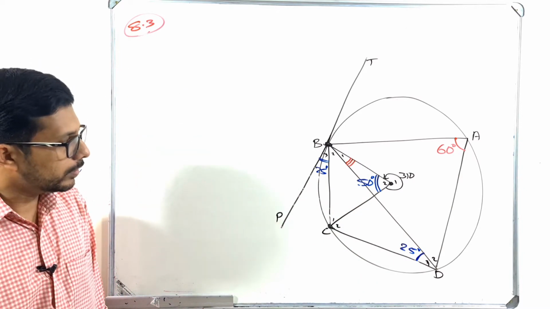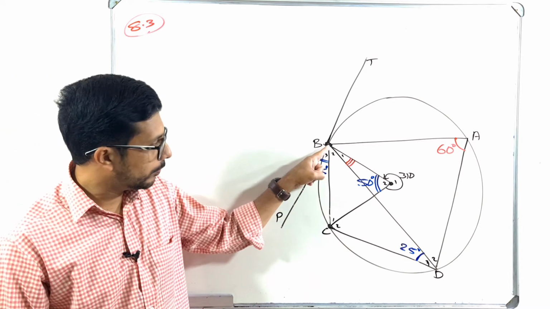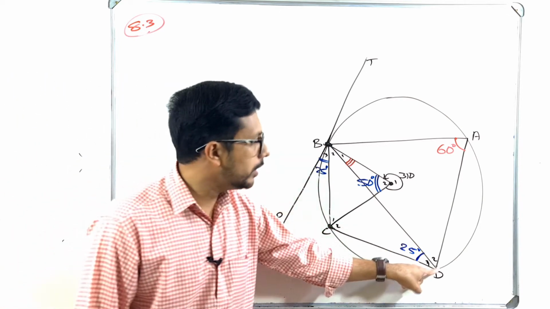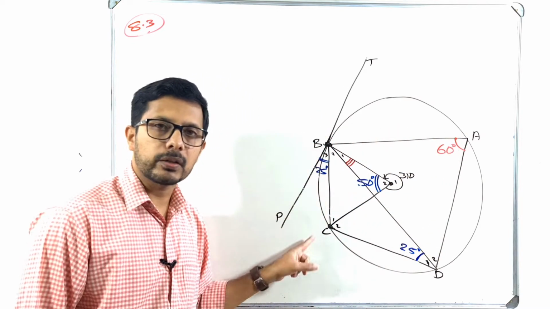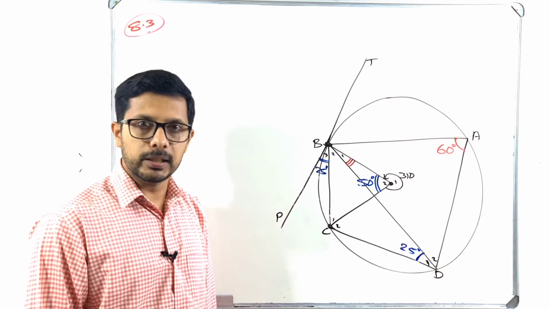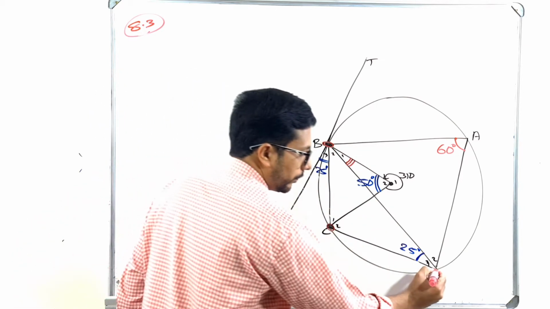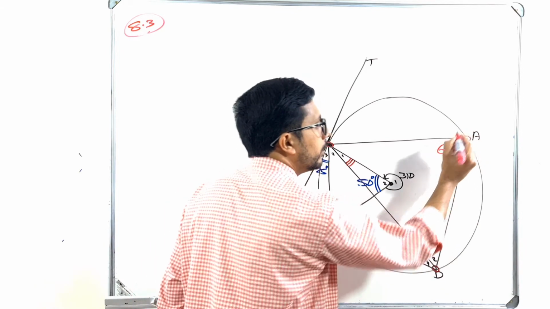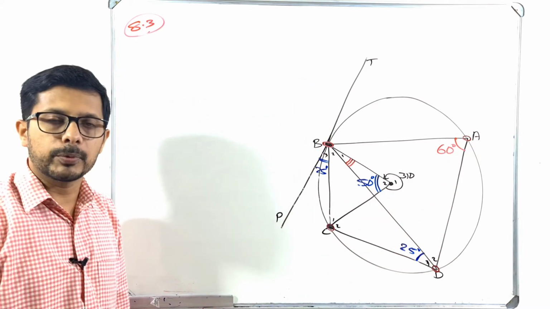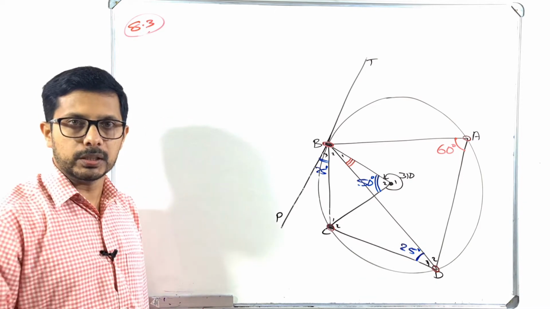Now listen here, listen very carefully. Look at these points B, C, D, A. What is that one? B, C, D, A. That is a cyclic quadrilateral. Am I right? That one is a cyclic quadrilateral because all those four points are on the circumference of the circle.